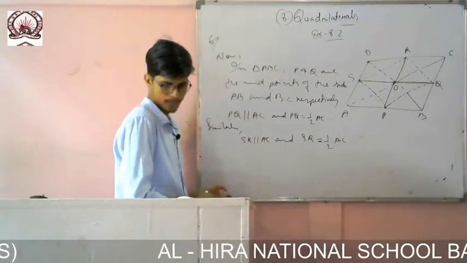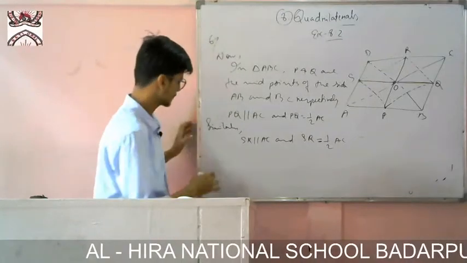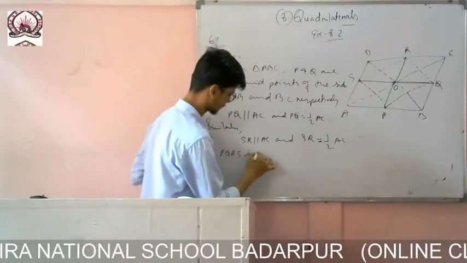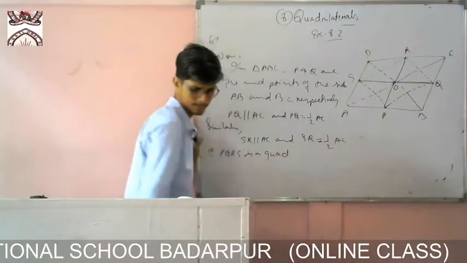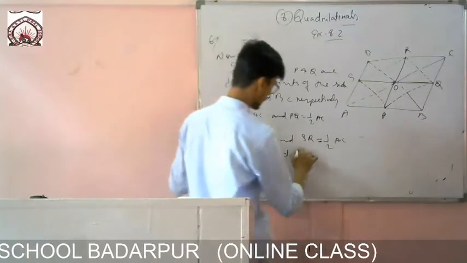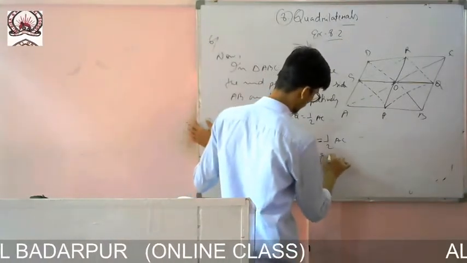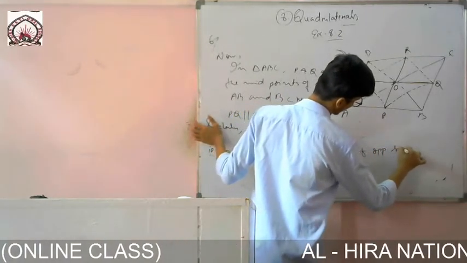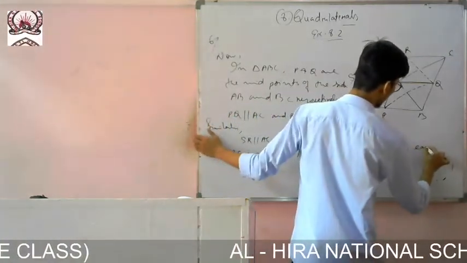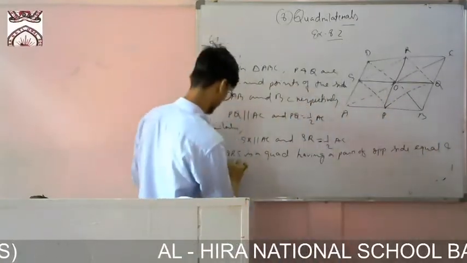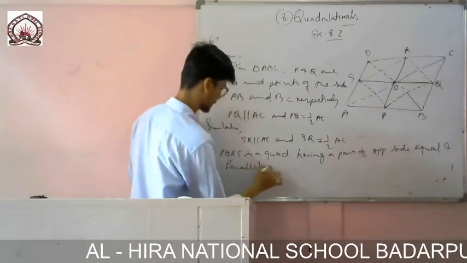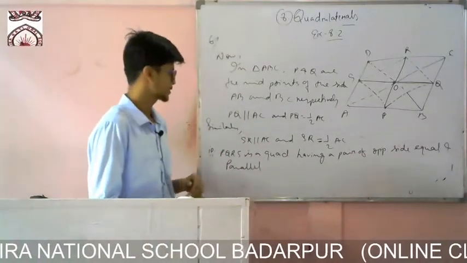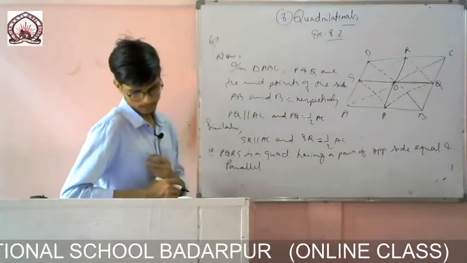So that means PQRS is a quadrilateral having a pair of opposite sides equal and parallel.